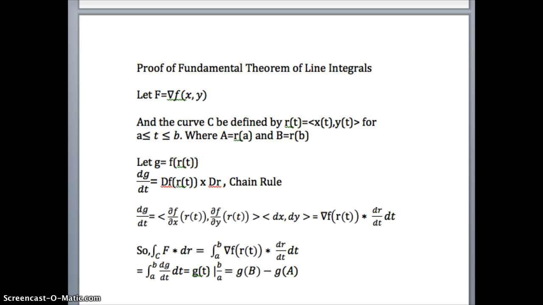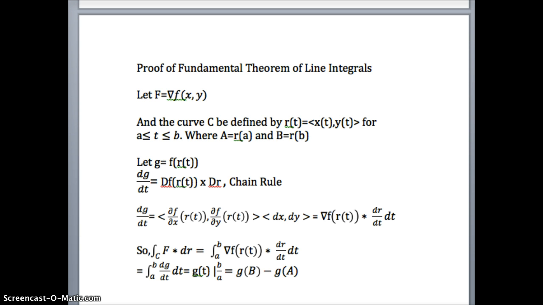Here we're letting g, this new function that we're creating, be equal to f of r of t. When we take the derivative of g with respect to t, we get the product of the derivative of f of r of t and the derivative of r.